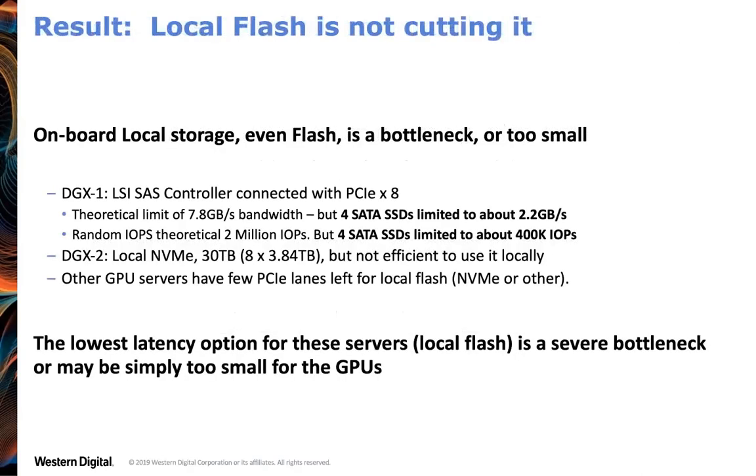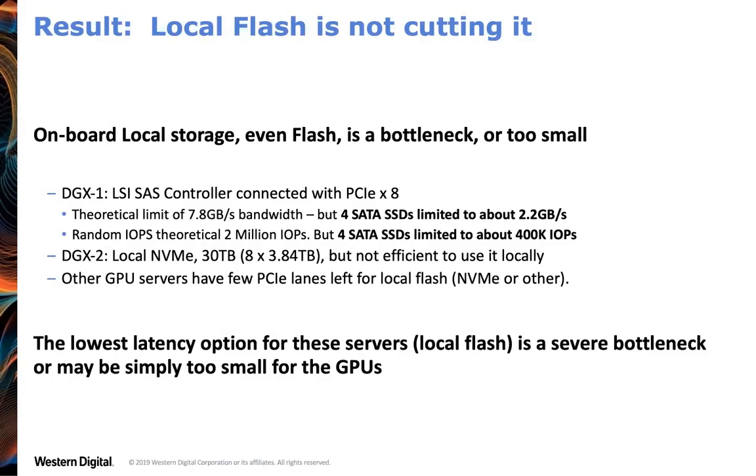As you buy into these larger and very expensive GPUs, you have to make sure you can not just feed data to the box, but feed it at low latency. If you look at the traditional technologies that exist today, and obviously at Western Digital we manufacture all of these, you can go with a traditional SATA SSD, but that's very limited.